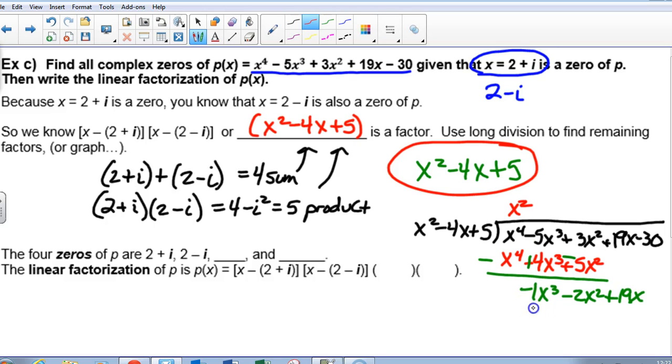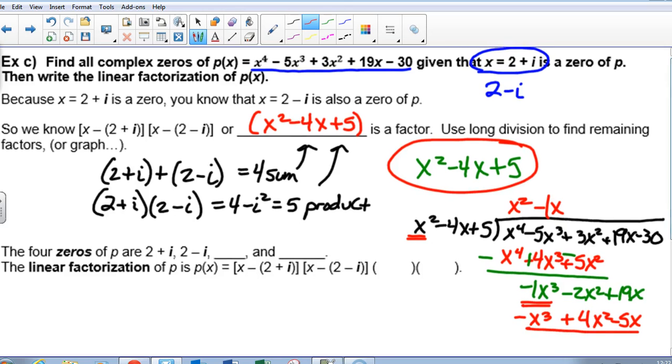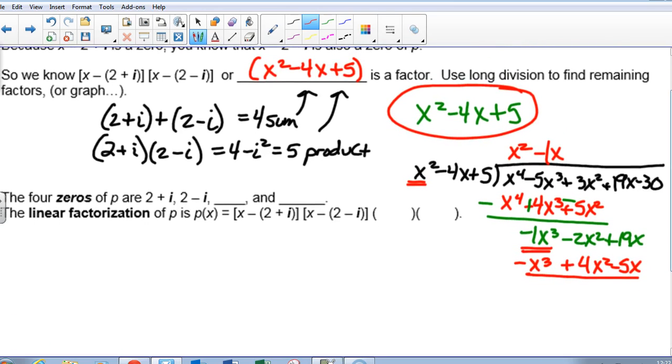To get a negative 1x cubed, we'd have to multiply this by negative 1x, or just a negative x. Cubed plus 4x squared minus 5x. Change the signs and add, or that's what I like to do anyway.